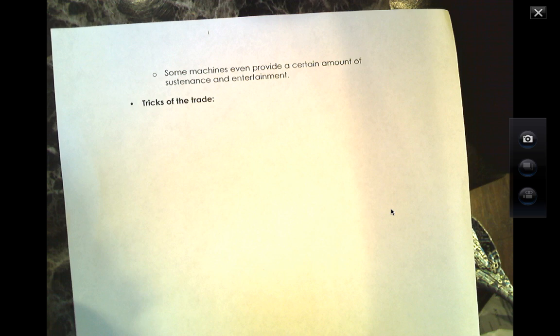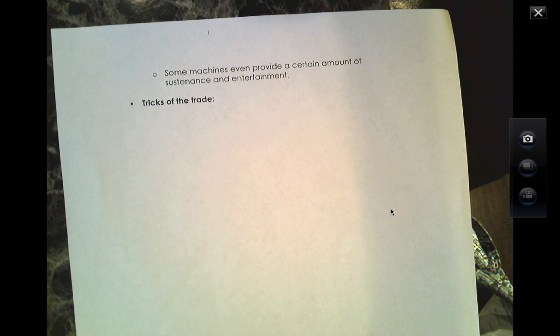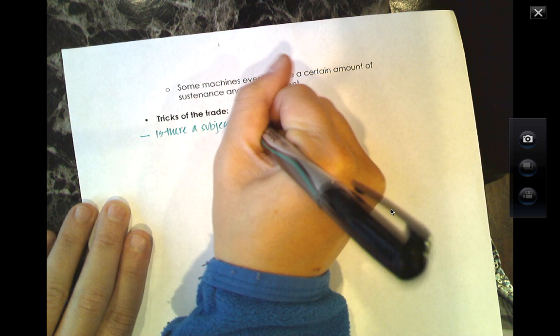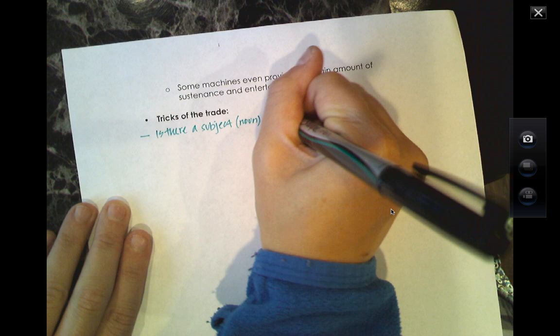All right, some tricks to the trade. I'm not going to do the last sentence here. We're going to leave that for class. You need to establish whether or not you have a noun. First of all, is there a subject in the first place? You should have a noun receiving an action.